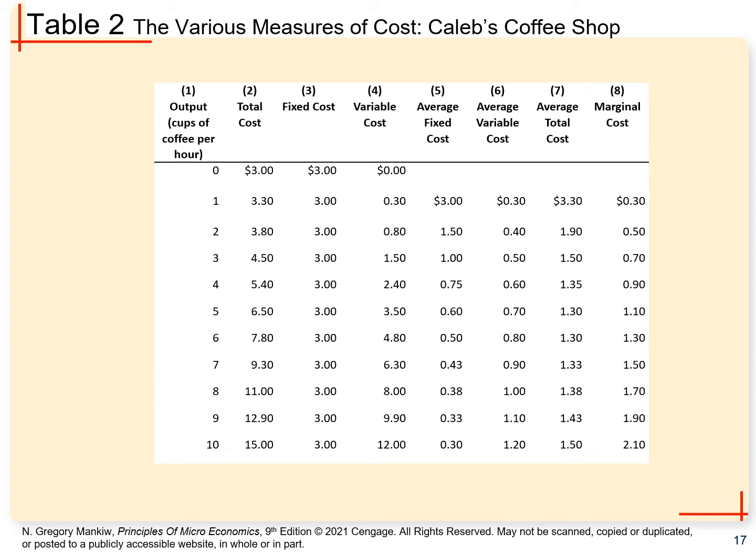How about marginal cost? Let's say on column 4, you spent 0, didn't produce any. You made 1 cup, it costs you 30 cents variable cost. Disregard the fixed cost right now. If you make 2 coffees, it costs you 80 cents variable cost.